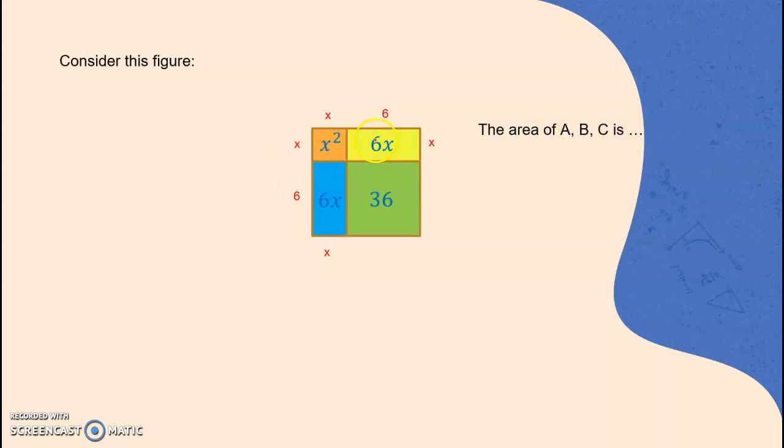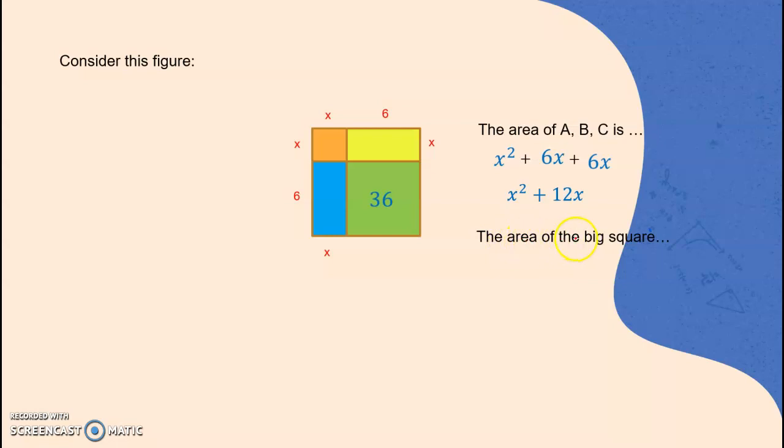So itong orange, yellow, at saka blue. So if we add them together, diba, magiging x squared plus 6x plus 6x. That's basically x squared, copy lang. Then itong dalawa, combine mo, 6x plus 6x, that's 12x.